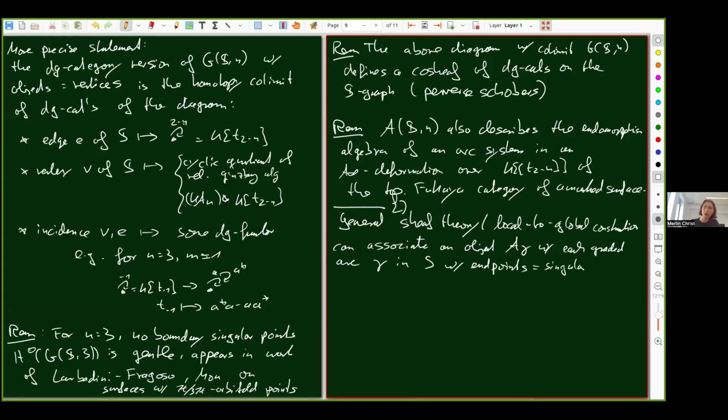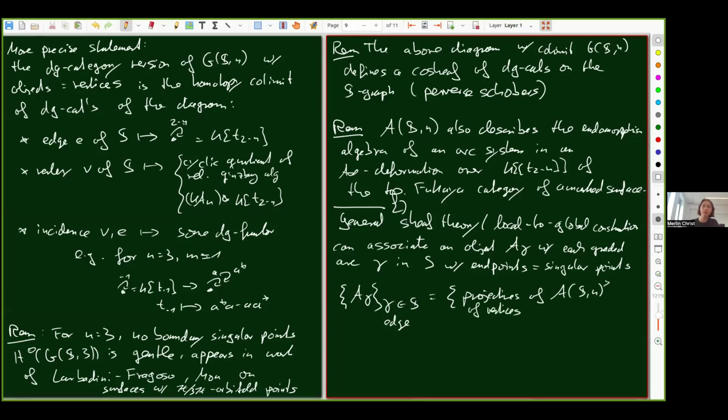So a graded arc means, well, let's forget about the grading. An arc is just an embedded curve. And then if you look at the collection of arcs A_gamma, where gamma is an edge of the S graph, this gives you exactly the set of projectives of this relative graded Brauer graph algebra coming from the vertices.